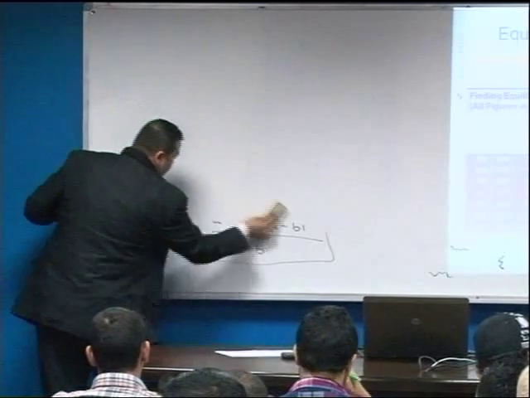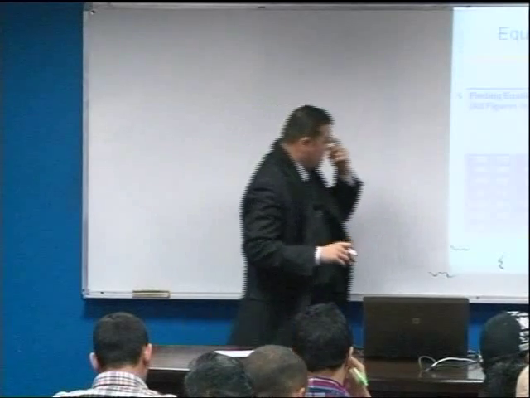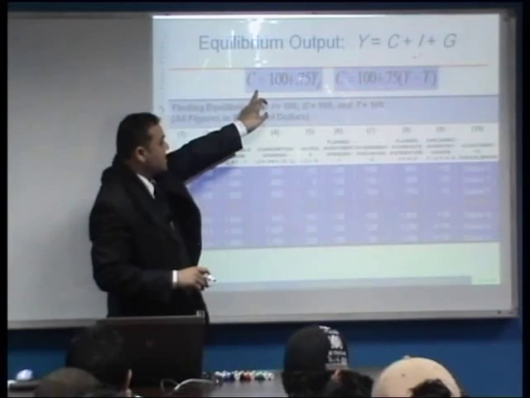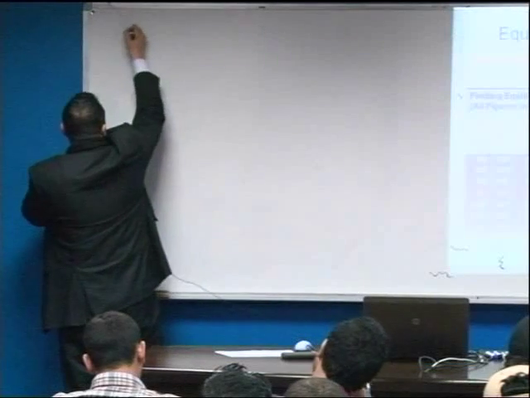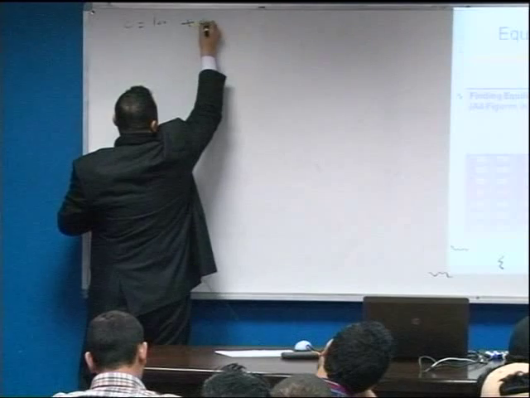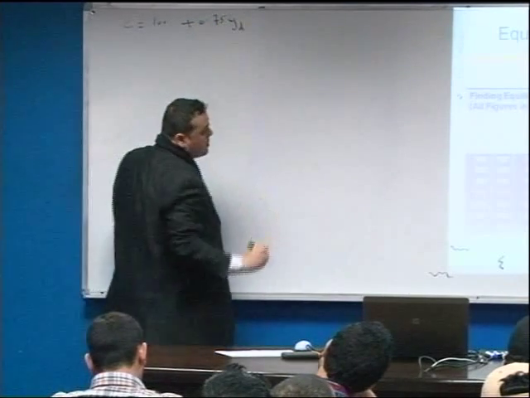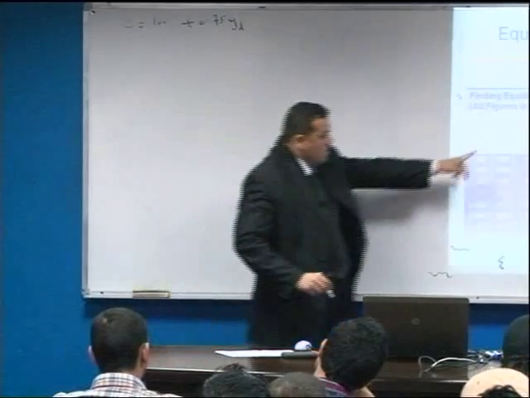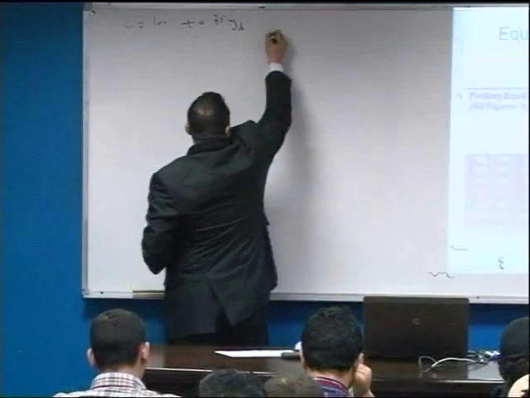In this example, C equals 100 plus 0.75 YD, and I, the planned investment, equals 100.